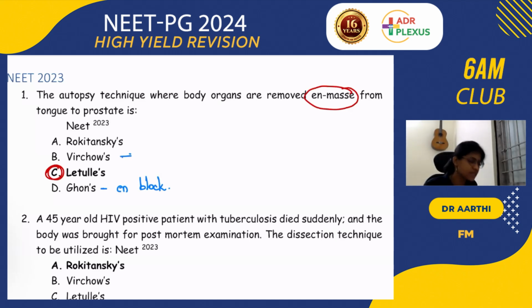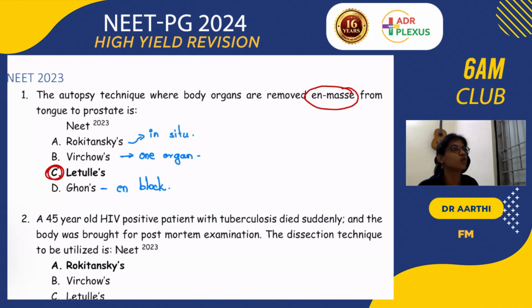Virchow's is the most common one that we practice, which is we remove one organ at a time, like we remove liver separately, kidney separately, spleen separately, stomach separately. So that's Virchow's technique. Rokitansky is in situ dissection.